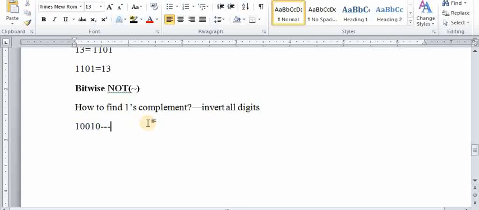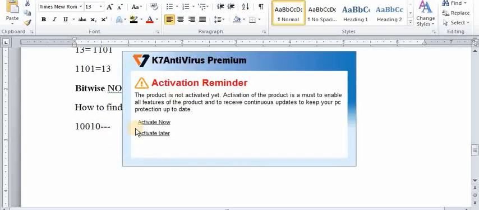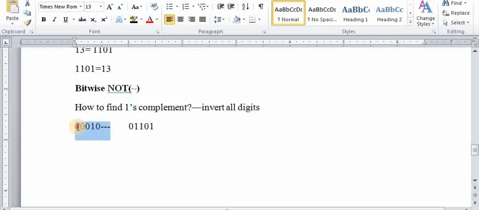So 1 becomes 0, 0 becomes 1, 0 becomes 1, 1 becomes 0, and 0 becomes 1. This is the one's complement of this number. The next question is how to find the two's complement.